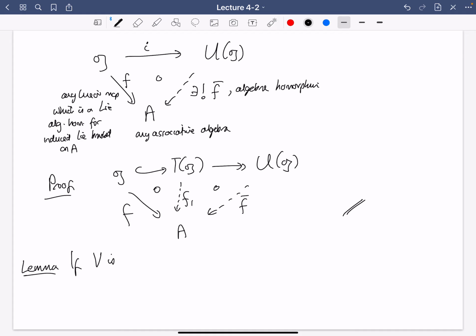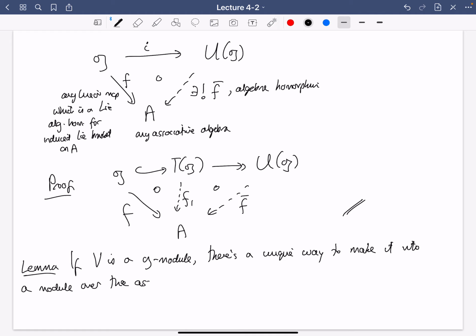If V is a G module, there's a unique way to make it into a module over the associative algebra U of G, so that x bar v equals xv for all elements of the Lie algebra.